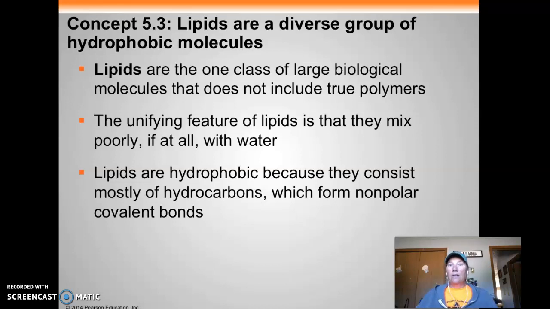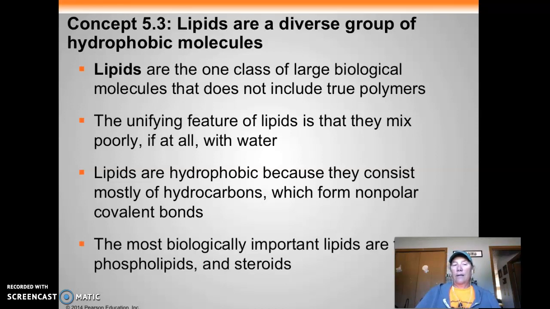And water is the most common of all those, and we call it a universal solvent because it can pull things apart because of its poles. But fats, lipids, they're hydrophobic. Phobic meaning they don't really like water. I don't know if they're really afraid of it, but water doesn't affect them. So again, the important lipids are fats, phospholipids, which are in cells, we'll talk about more, and then steroids.